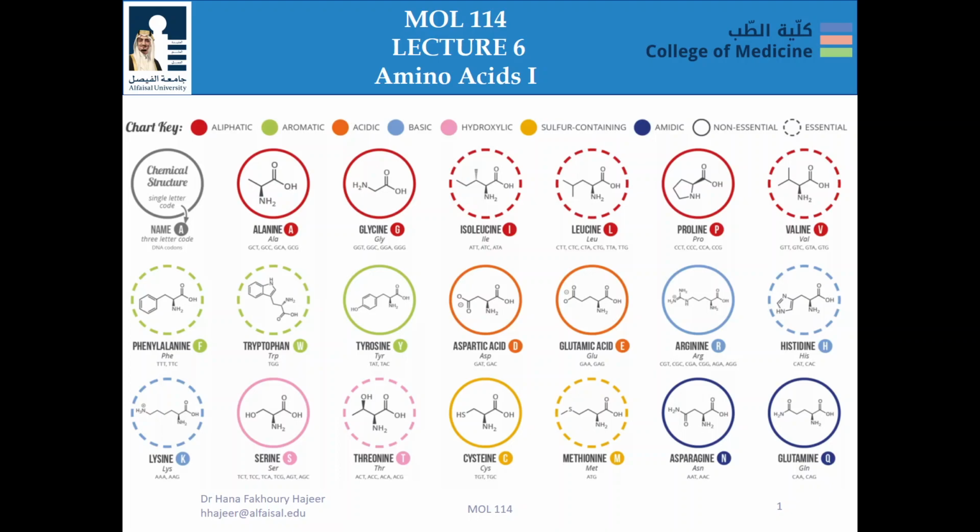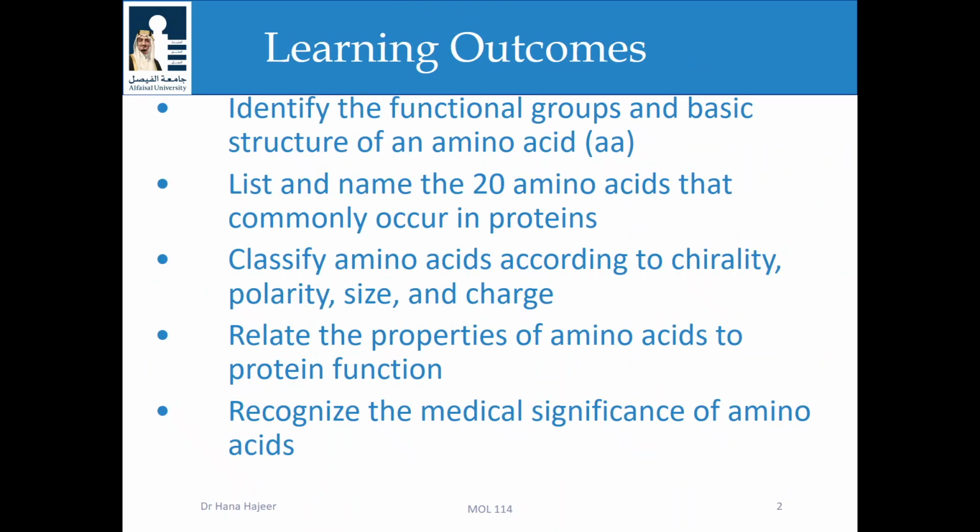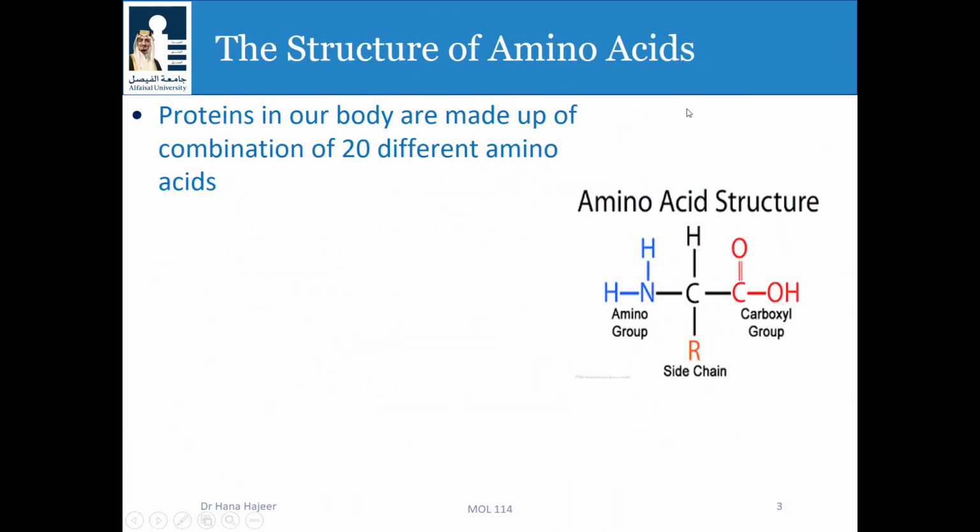What makes an amino acid an amino acid? Yes? They have an amino group, yes. What else? Carboxylic acid group. They are attached to the central carbon, and they have an R and an H. So this is common among all the 20 amino acids.